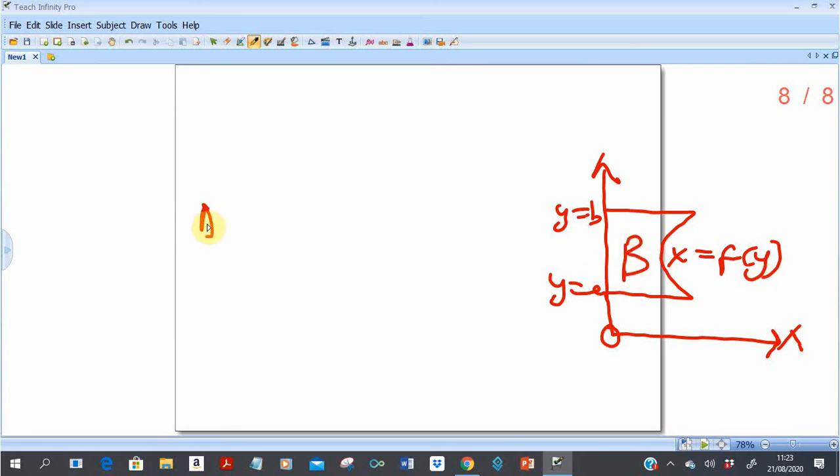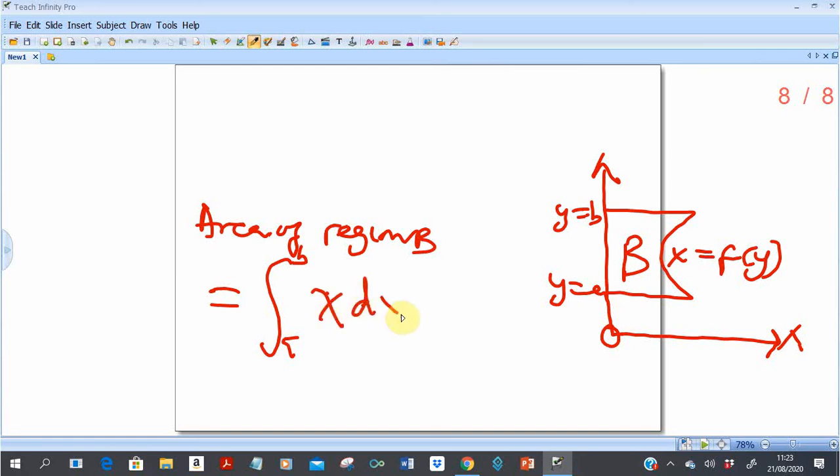Then the area of region B is just equal to the integral from a to b of x dy.